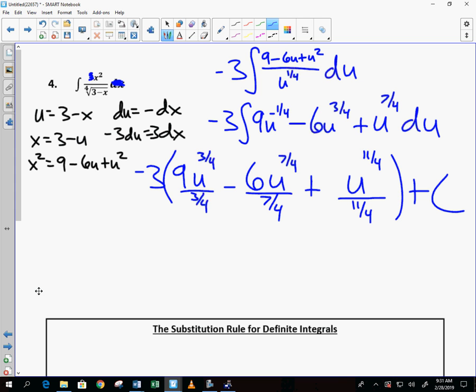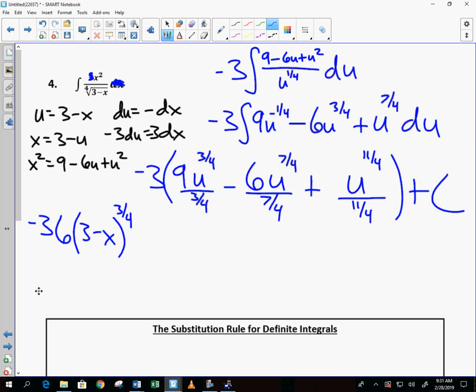If I multiply by 4/3, these 3's will cancel then. So 4 times 9 is 36. Negative, so negative 36. What is u? 3 minus x to the 3/4.